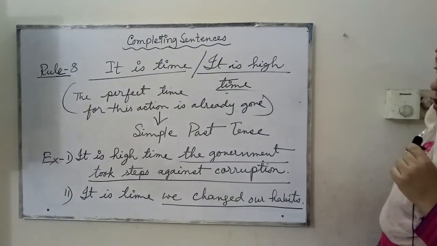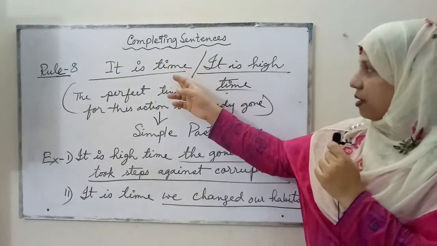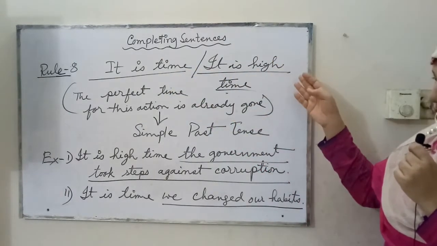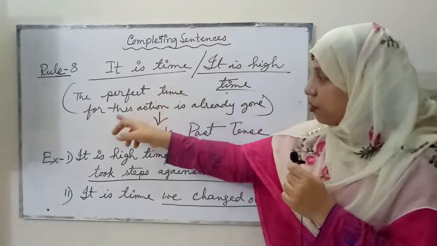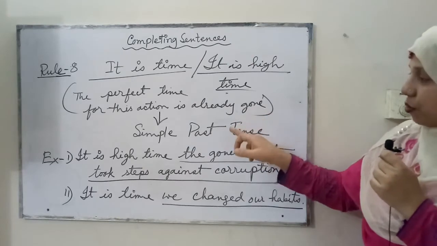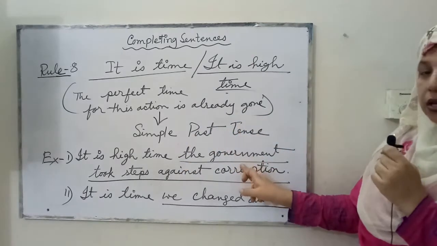Next comes rule number 8, and here the clue is it is time or it is high time. Then what does it mean? It means the perfect time for this action is already gone. So what will be the tense of the clause here?